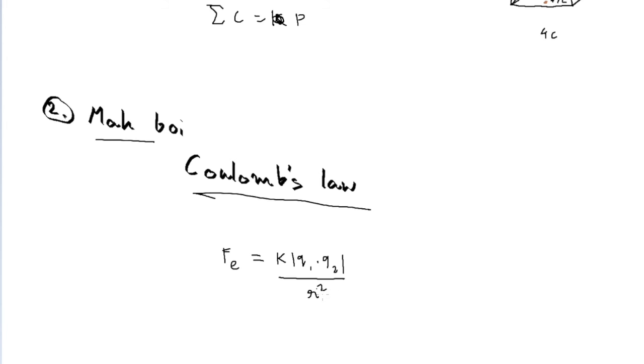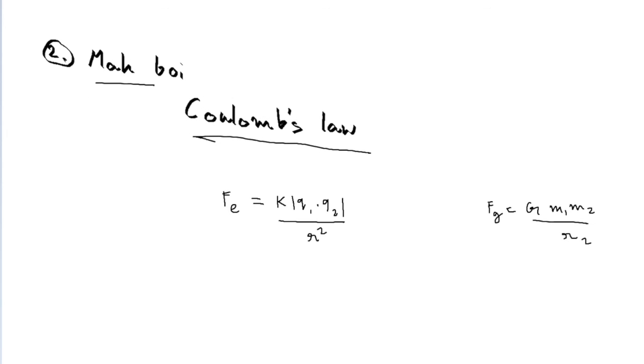Now it's very similar to some other equation that you might recognize. It's very similar to Newton's equation for gravitation, which is just some constant G times m1 times m2 divided by r squared. And that's because they are really similar forces.